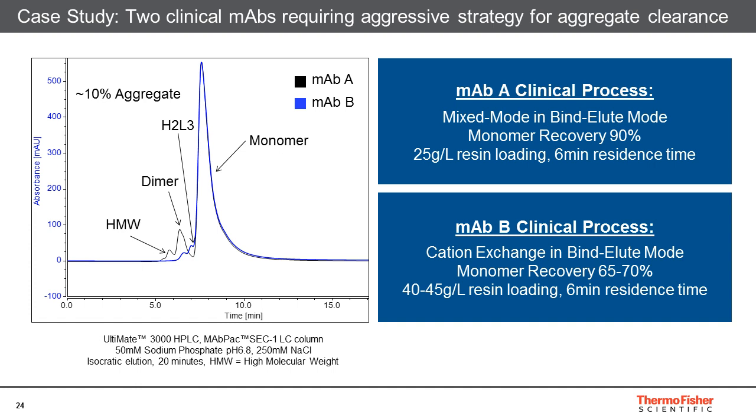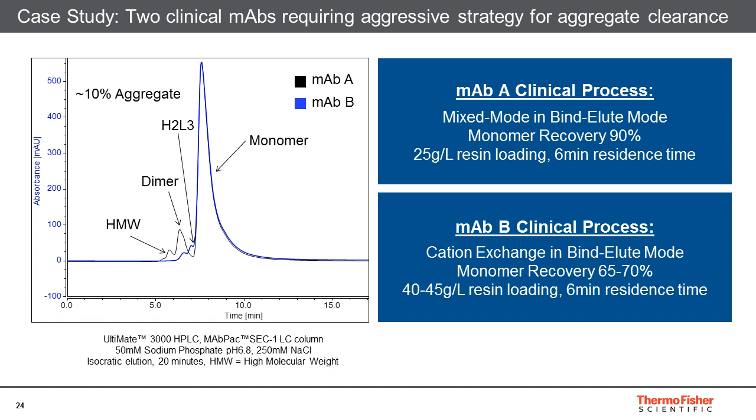For mAb-B, specifically, there was a particularly difficult to remove aggregate species called H2L3 in addition to the monomer and dimer species. So H2L3 was essentially one light chain more than a monomer. And after a lot of process development, the clinically scaled-up process for this aggregate clearance step was cation exchange in the bind elute mode, which also resulted in clearance of the aggregates and the H2L3 to below 2% in the product pool.